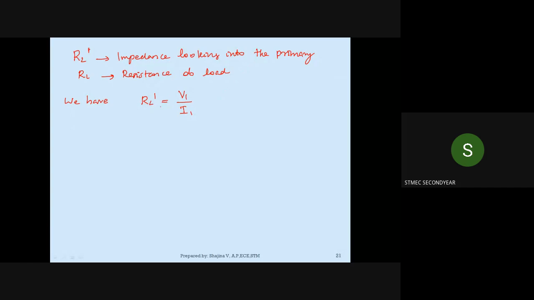And RL, the load resistance at the secondary, where the voltage is V2 and current is I2, is equal to V2 divided by I2. Now I take the ratio of these impedances, RL dash divided by RL, which is V1 divided by I1 over V2 divided by I2.